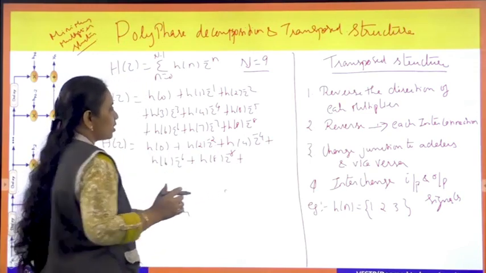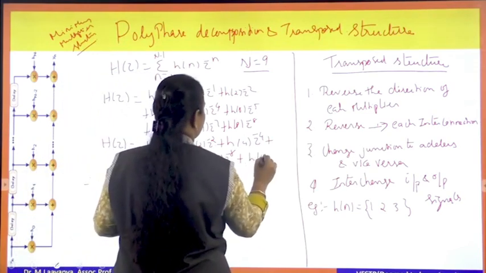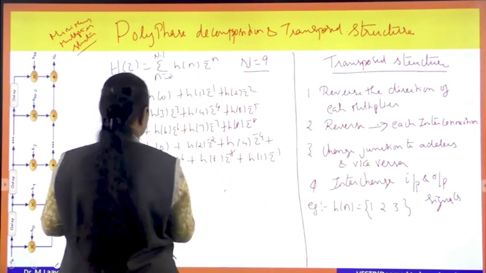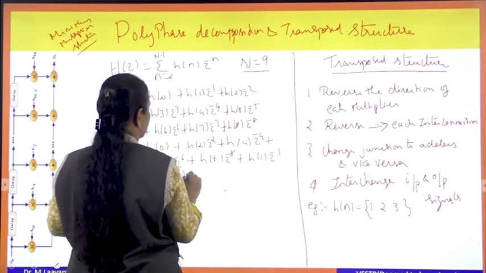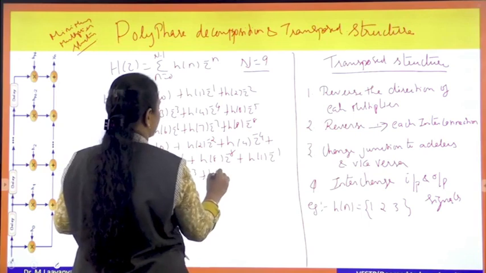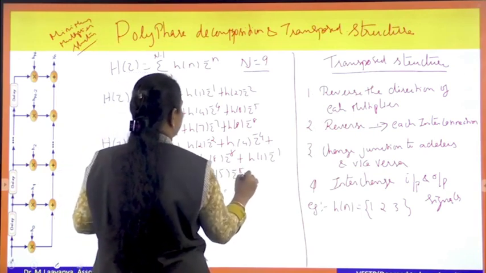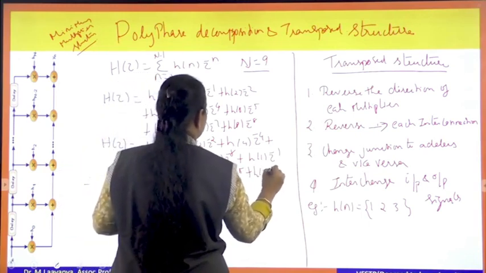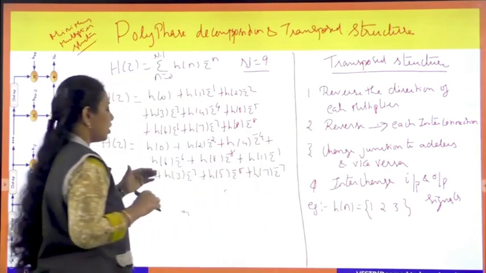Now odd, what will become: h of 1 plus h of 3 plus h of 5 plus h of 7. So these are the odd terms.